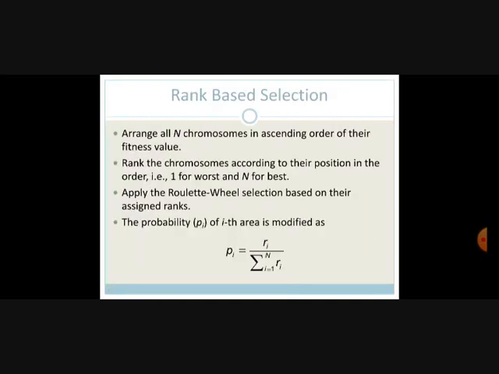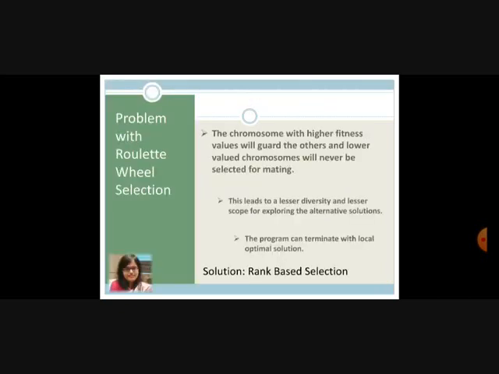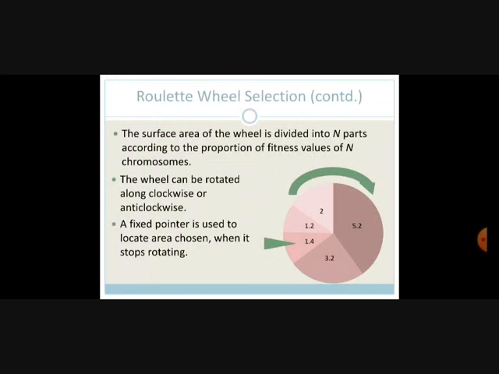So the next selection technique is rank based selection. Here we need to arrange all n chromosomes in ascending order of their fitness values. The rank of a chromosome is its position in the order, that is 1 for the worst and n for the best. Suppose we have 5 chromosomes, as in this particular image we have already discussed.